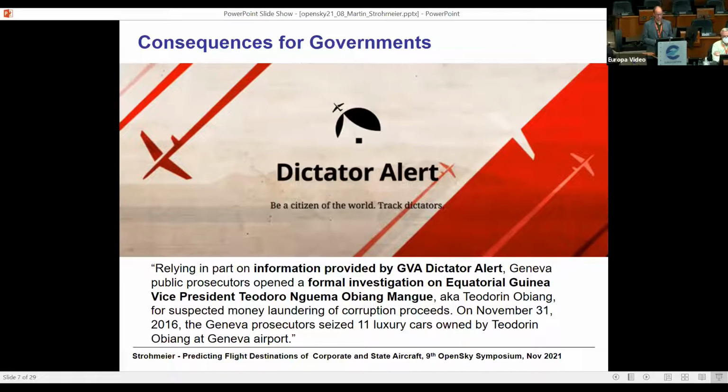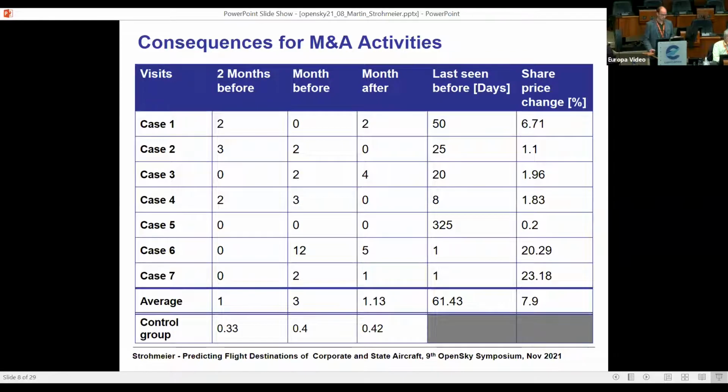In this particular case with the Vice President of Equatorial Guinea, it is possible to track certain people, certain members, and actually act upon this. So this is but one example. I am sure there's a lot more that is also not being publicized.